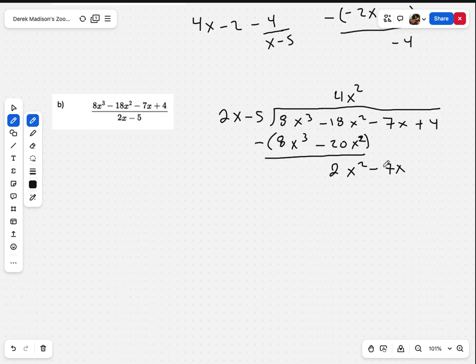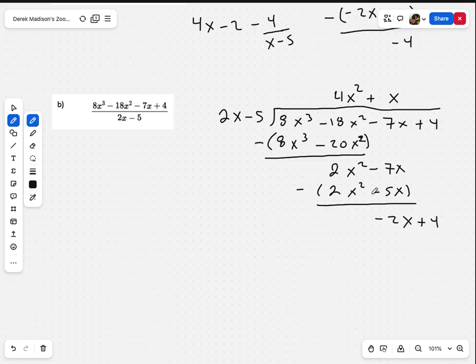So now what do I multiply 2x by to make it 2x squared? I would just need plus x right there. So that times that gets me 2x squared. x times minus 5 is minus 5x. Again with the parentheses. Negative 7 minus a negative 5 would be negative 7 plus 5, so that's negative 2x, and bring down the 4.